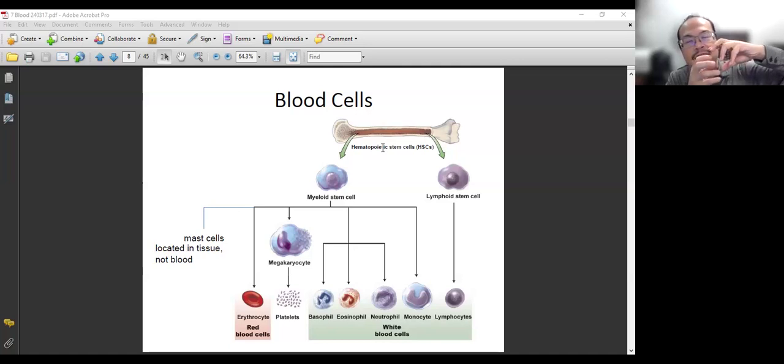And once they proliferate, meaning they duplicate themselves to multiply, they will gradually go through a differentiation process to become different. I think we kind of talked about it, right? Proliferation, differentiation.